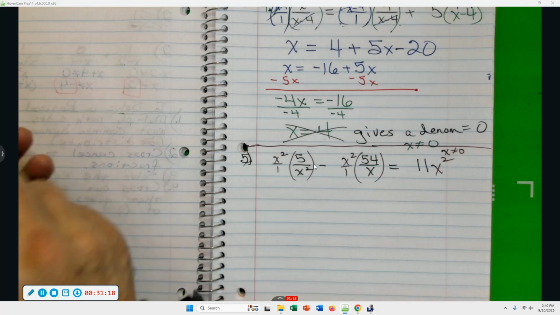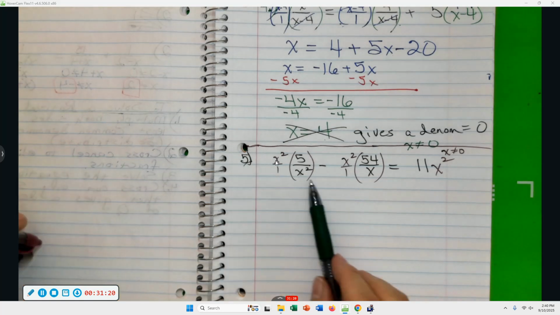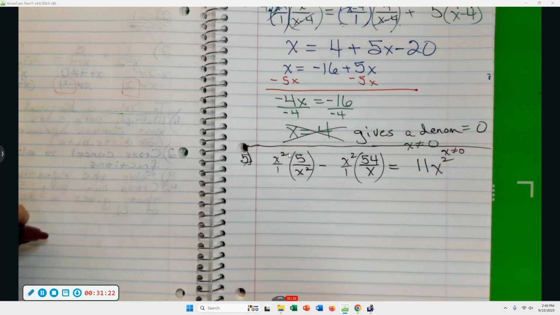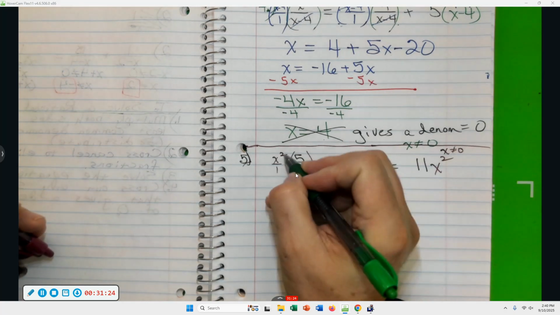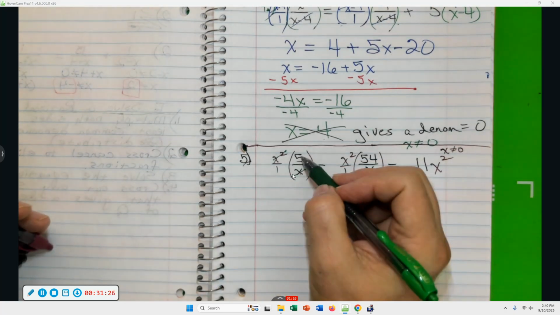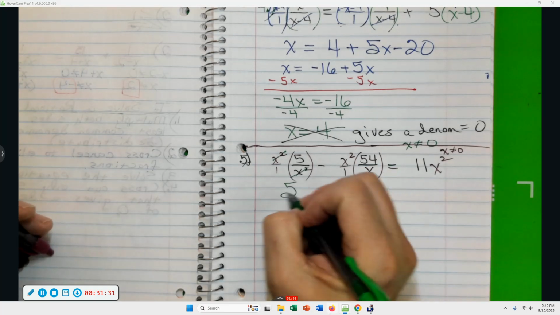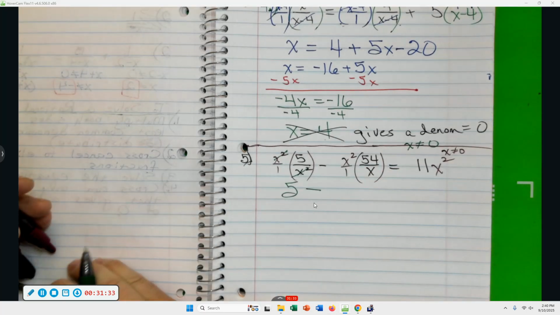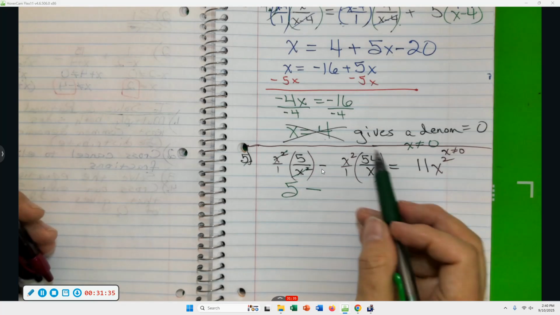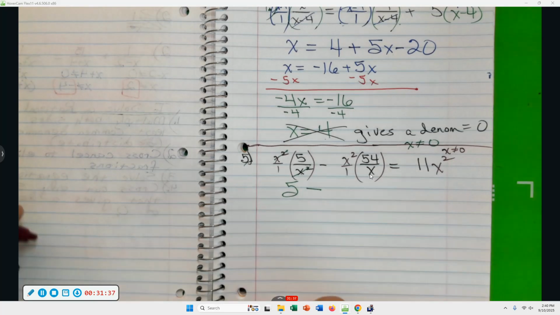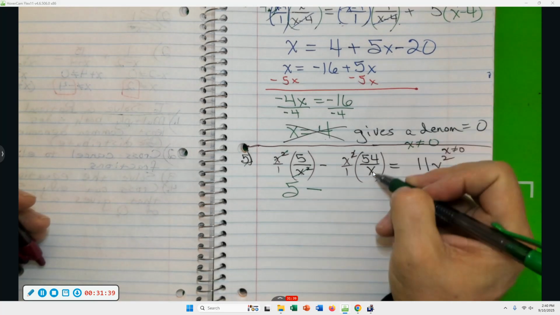Okay. What's going to cancel in the first fraction? The x squared. We're left then with 5 over 1, which is just a 5, minus. You tell me what's going to cancel here. One x cancels.